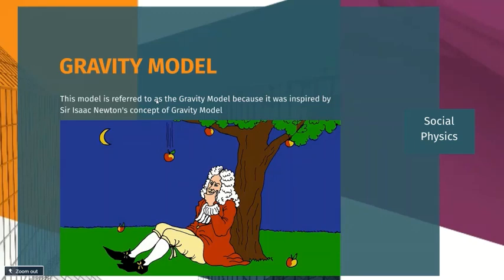The gravity model's inspiration was from Sir Isaac Newton's concept of gravity. Legend has it that Sir Isaac Newton was one day relaxing under an apple tree, and one of the fruits got ripe and fell down and hit him.